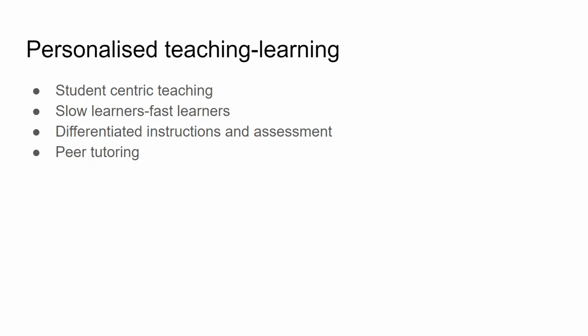You can have a group of students in which you have a few fast learners and a few slow learners, and you can ask fast learners to interact with slow learners and tutor them so that they can learn the thing. So peer tutoring sometimes helps in case of the personalized teaching learning approach.